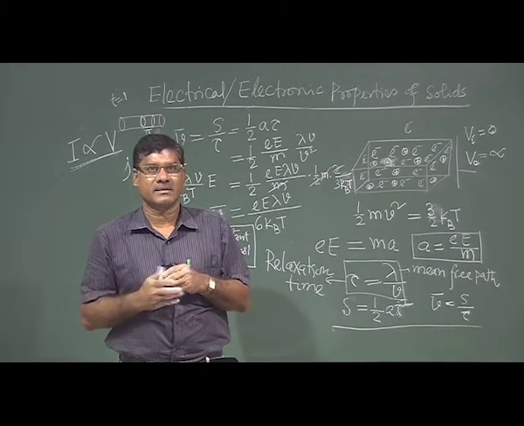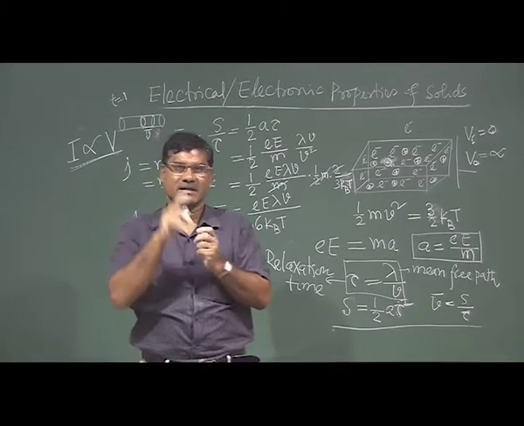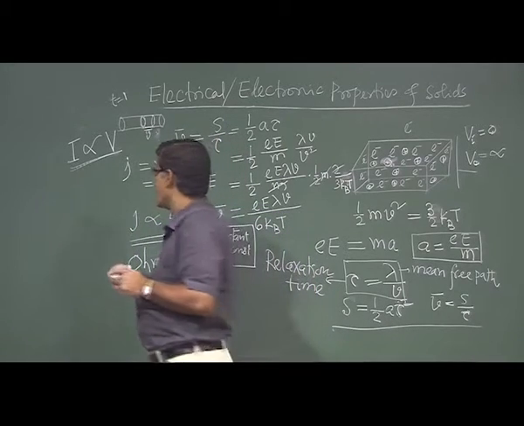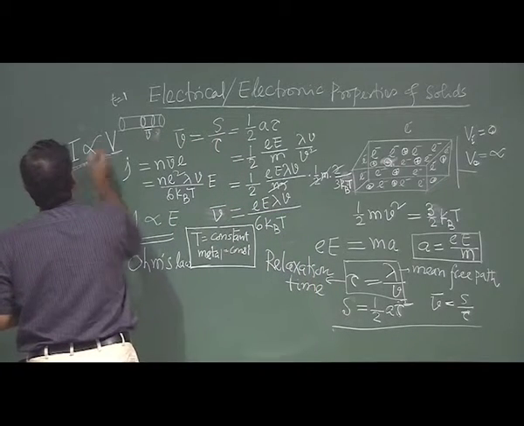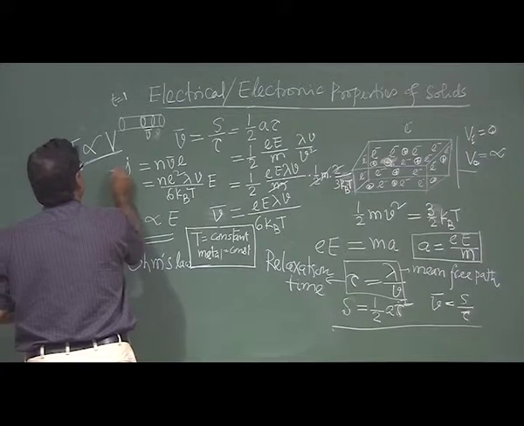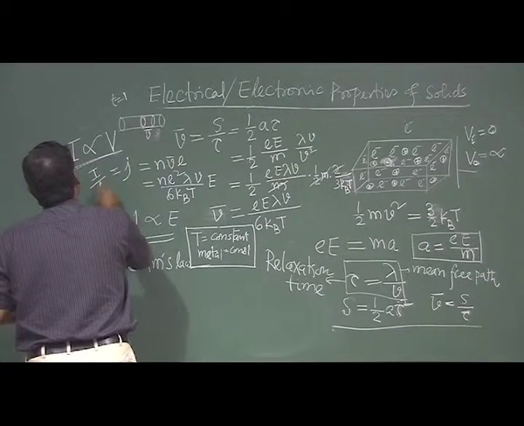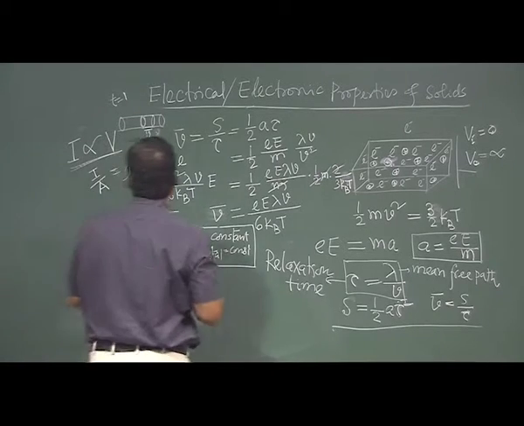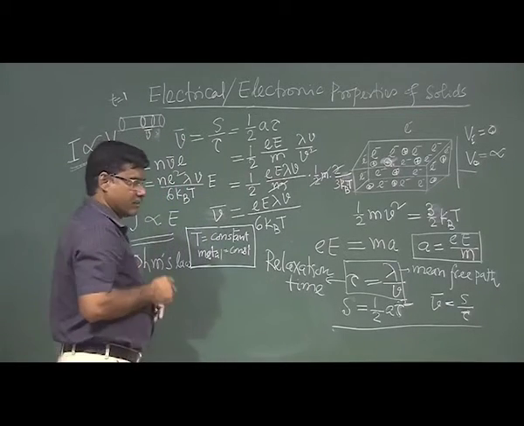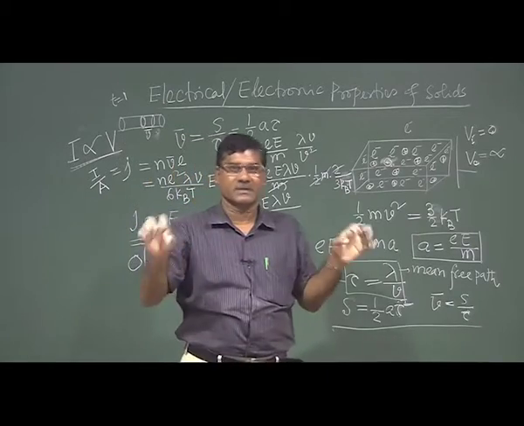That is the current, and the current density is nothing but current divided by cross sectional area, right.